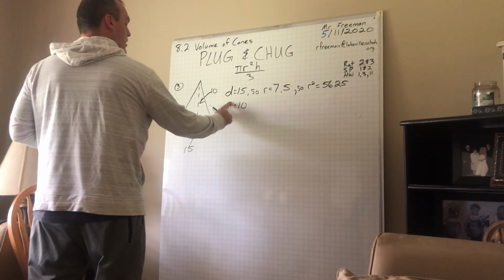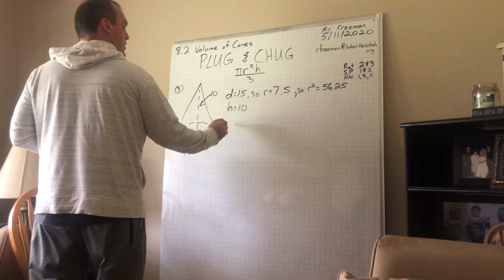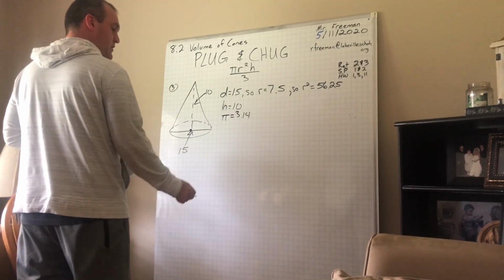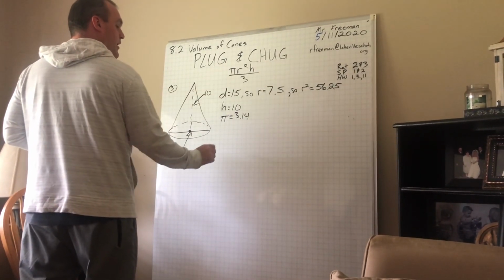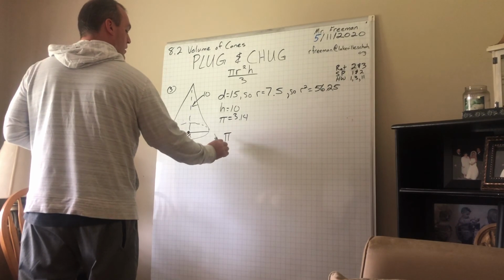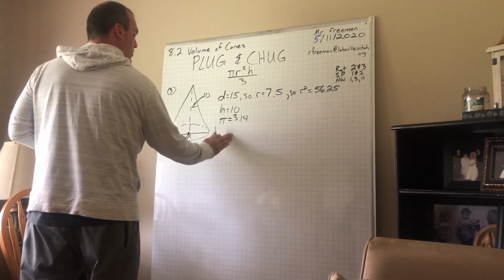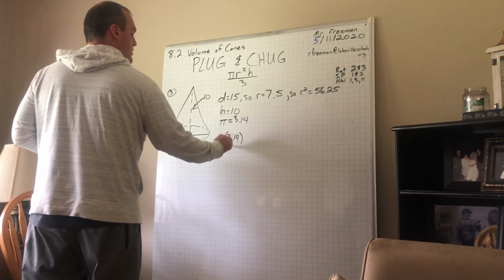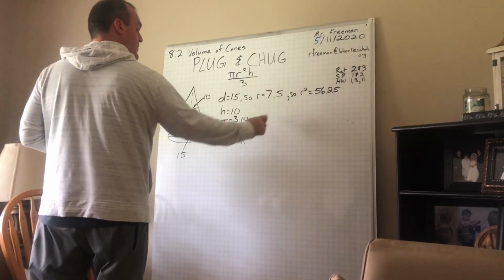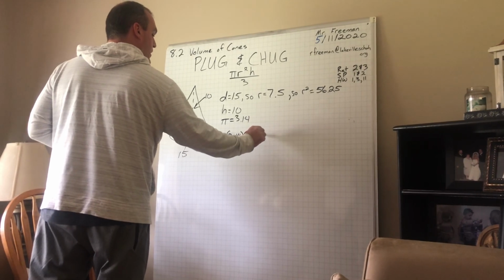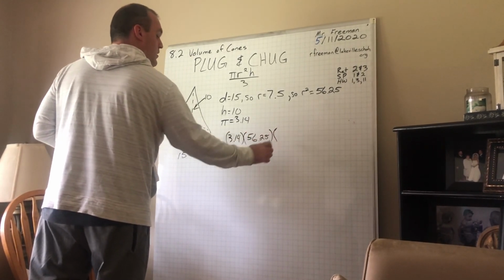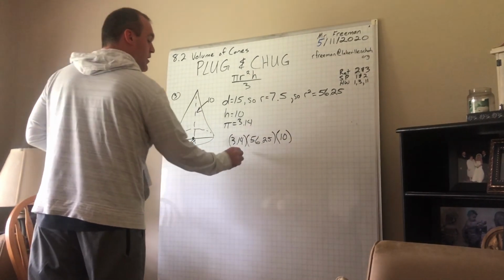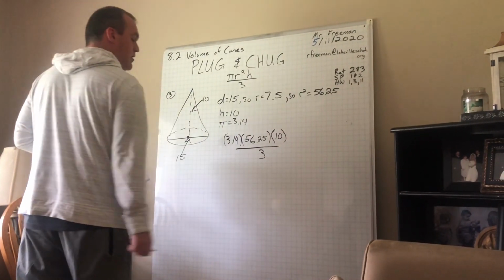Oops, I put pi, didn't I? Your height is 10, and pi equals 3.14. And I plug and chug. I say, okay, pi, let's write in a 3.14 right away. We'll say 3.14 times my r squared, which we found out to be 56.25, times my height, 10, and we're going to divide all that by 3.